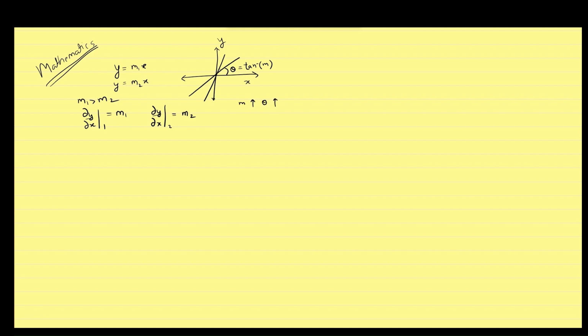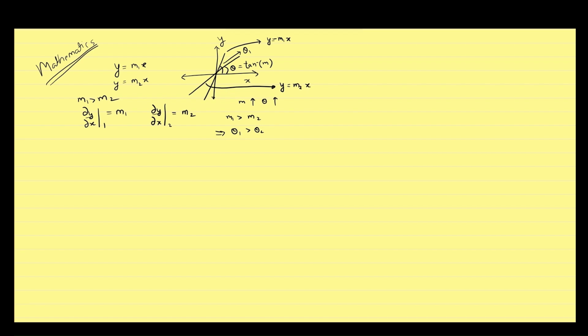It is provided that slope m1 is greater than m2. Therefore, theta 1 will be greater than theta 2. It means that the bigger angle is theta 1, making this graph y is equal to m1x and this graph y is equal to m2x.